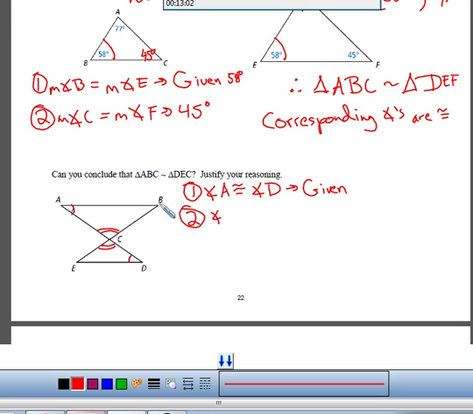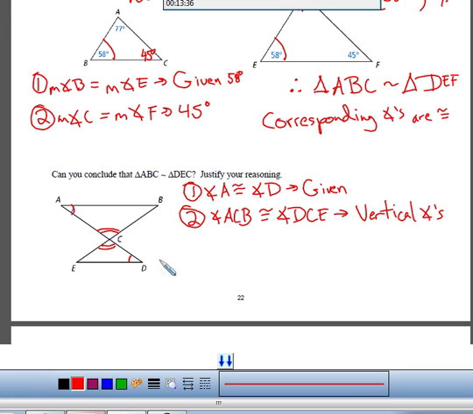So this is ACB, angle ACB. C is in the middle because it's the vertex. Is congruent to angle DCE. And there's a reason I went in that specific order. And the reason for it, they are vertical angles. Remember, we learned vertical angles are congruent.